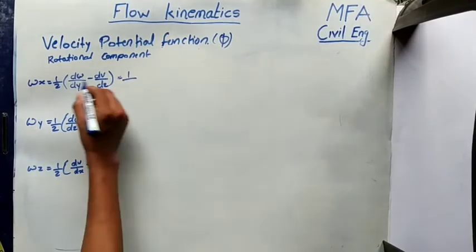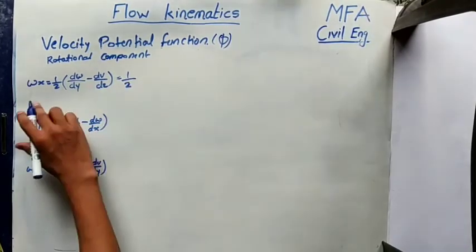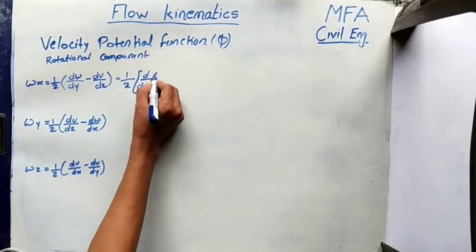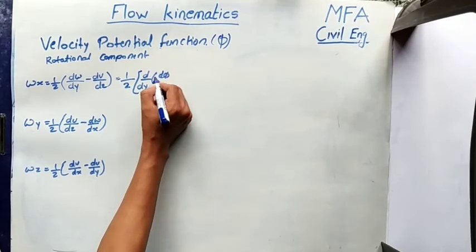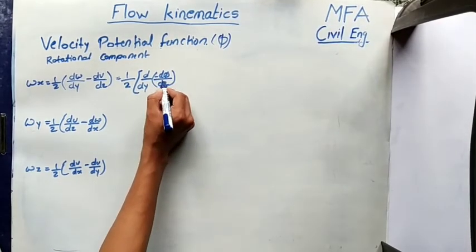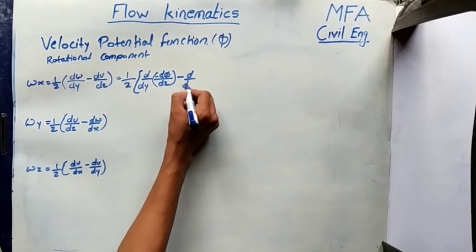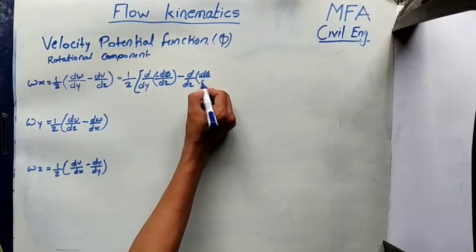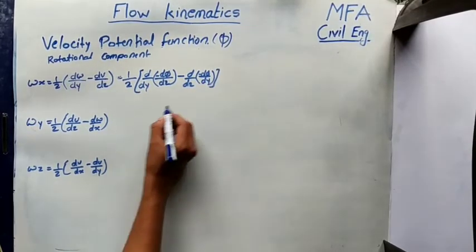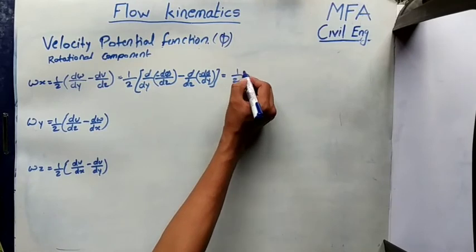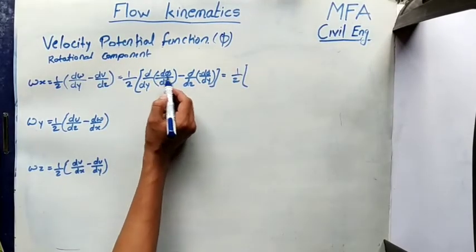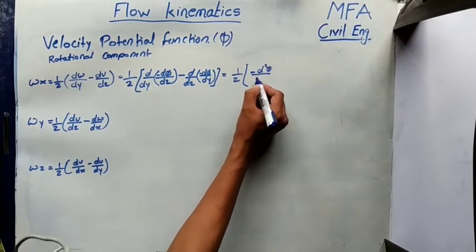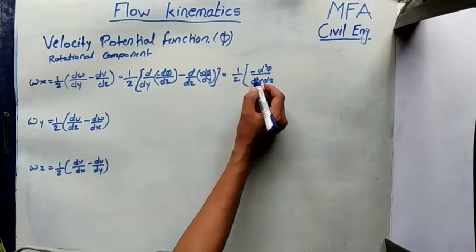Suppose rotation in the direction of x is equal to half of d by dy of w, where w is minus d phi by dz, minus d by dz of v, where v is minus d phi by dy, which is equal to 1 by 2 into minus d2 phi by dy dz.